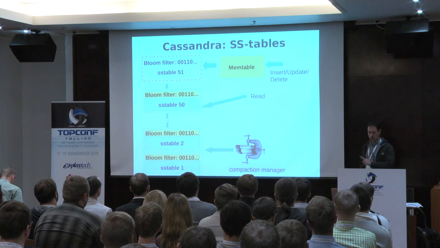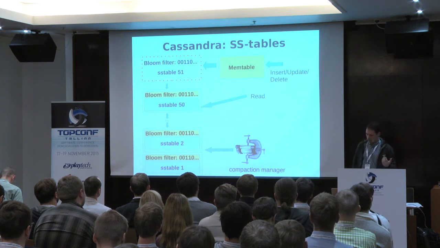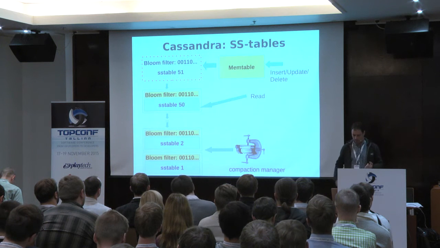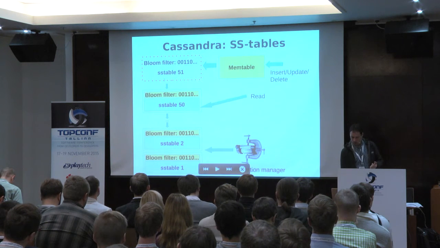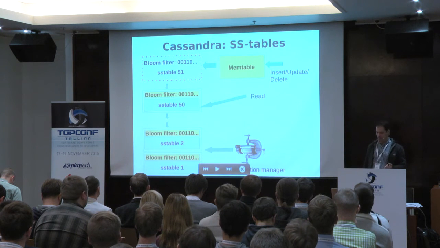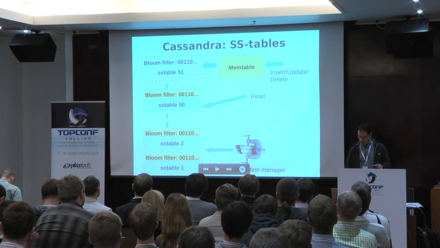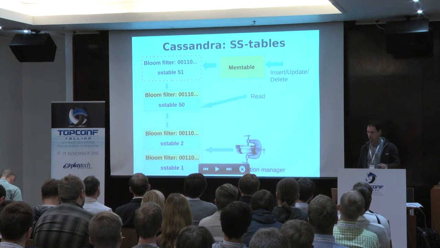So searches inside this SSTable happen in logarithmic time. And eventually, when we fill data into our Cassandra, we have a lot of SSTables. So first table, second table, and so on.